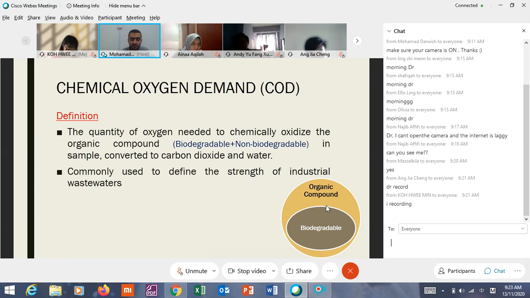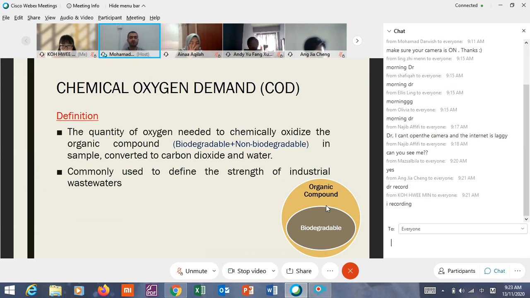In BOD we estimate the quantity of oxygen consumed by bacteria, so it is a biological process, but COD is a chemical process. It is the quantity of oxygen needed to chemically oxidize the organic compound.